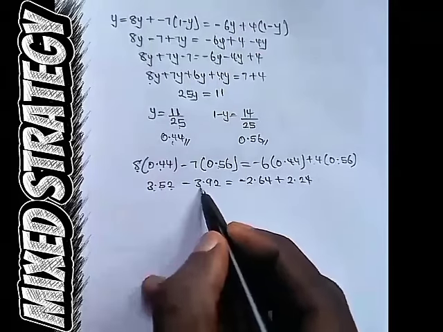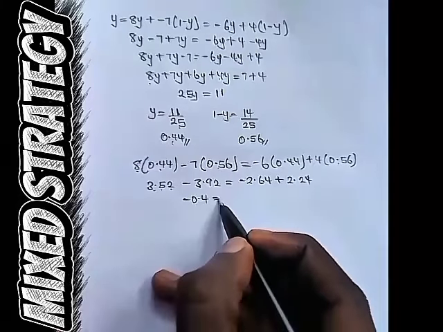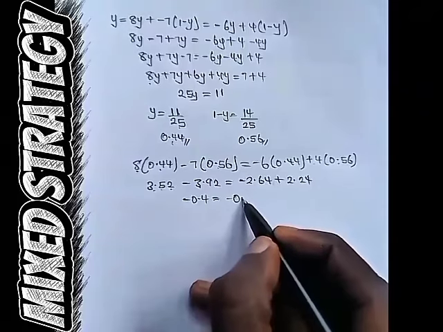So 3.52 minus 3.92 is minus 0.4, minus 2.64 plus 2.24 is minus 0.4.